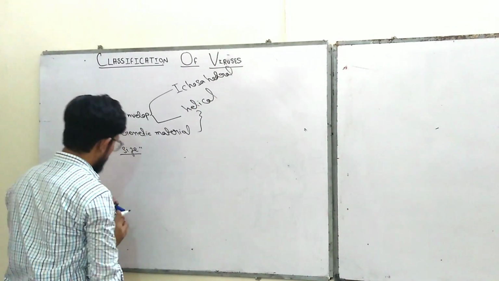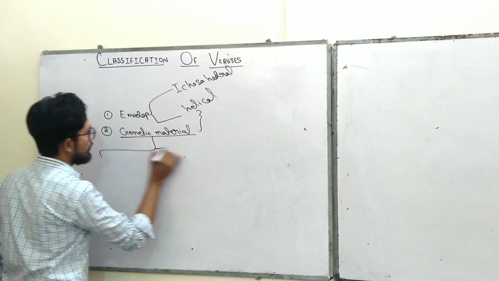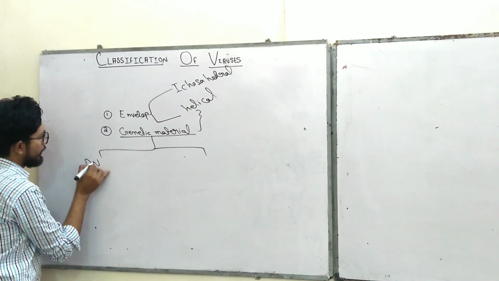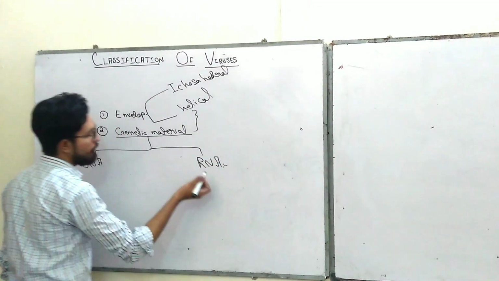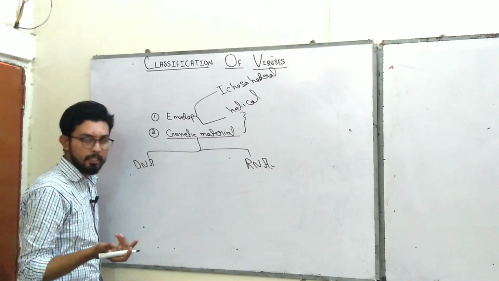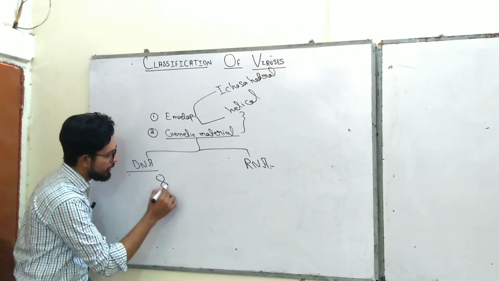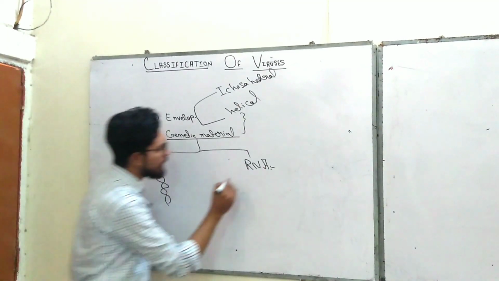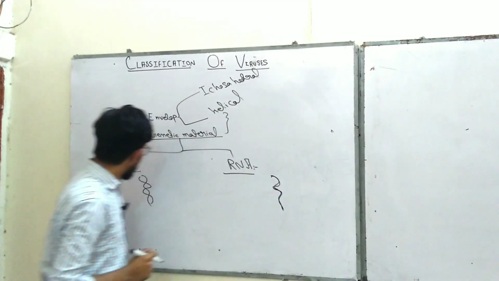And similarly, the genetic material of viruses has two types: DNA viruses and RNA viruses. Those viruses that have RNA are called RNA viruses, and those that have DNA are called DNA viruses. And normally you know that DNA has double strands, and RNA has a single strand or polynucleotide chain.